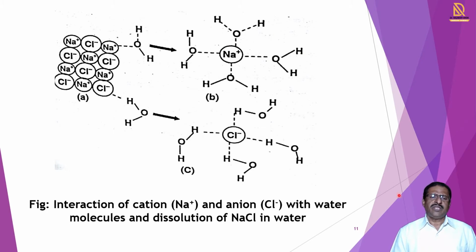We take here the example of NaCl. So this is the NaCl crystal. In that NaCl crystal, Na is surrounded by Cl and Cl is surrounded by Na. Now, when such an NaCl crystal is added to a large amount of water, how is the solvation process carried out, or the interaction of water and NaCl?